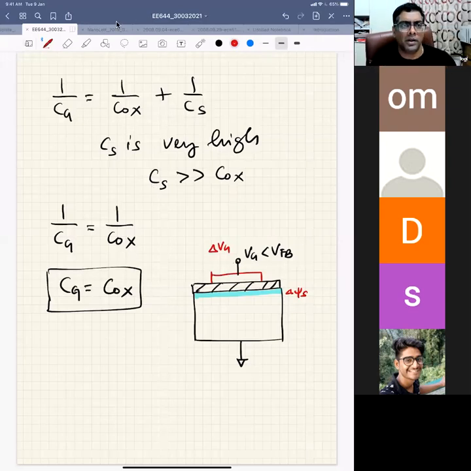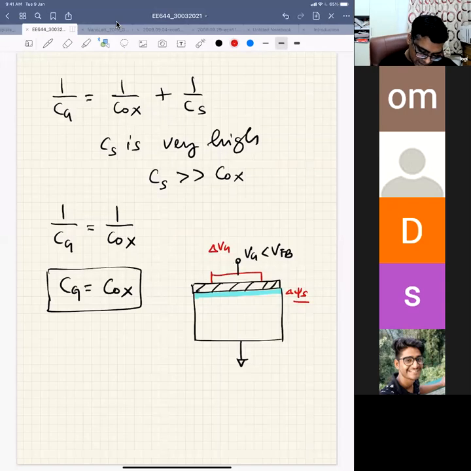So your accumulation charge will change exponentially with delta psi s. A little bit of change in delta psi s, and your accumulation charge will change by a large amount.